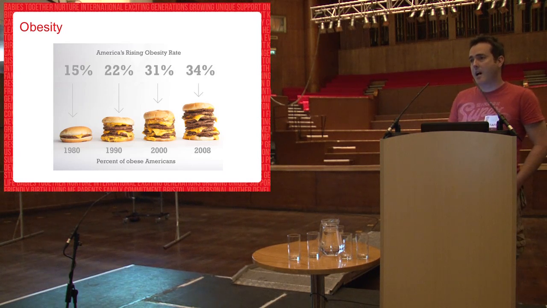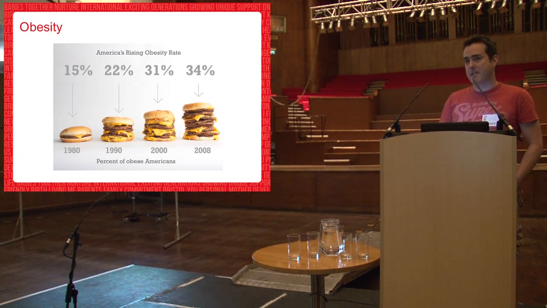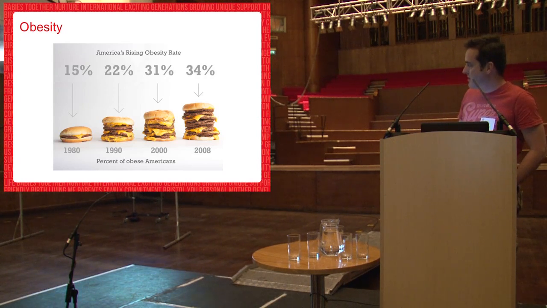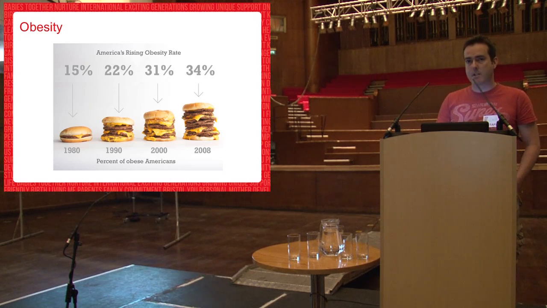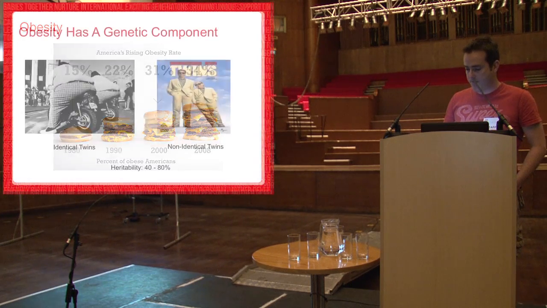In fact, about 75% of all American adults are either overweight or obese. So this is an increasing problem, and it's brought about because we're eating more sorts of this stuff and we're leading more sedentary lifestyles.